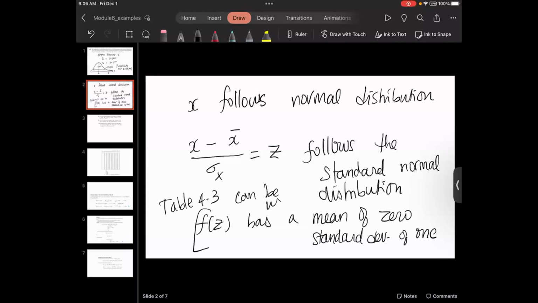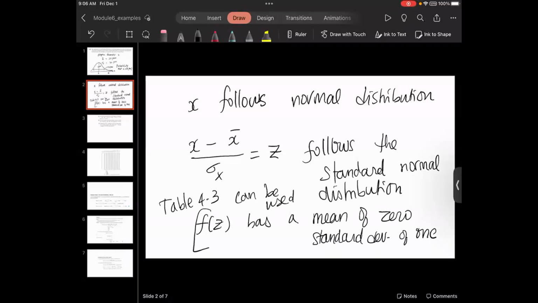Like I said in class yesterday, the goal of every problem is to reduce the given normal distribution into a standard normal distribution, then solve the problem using the table and then project it back to the original variables.